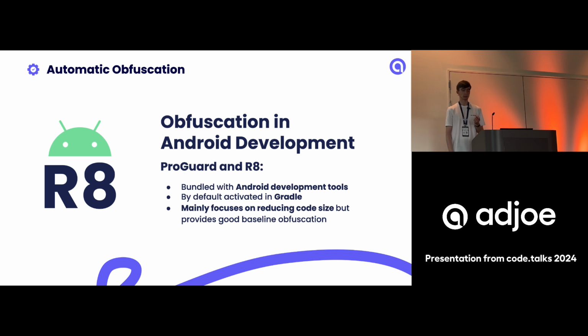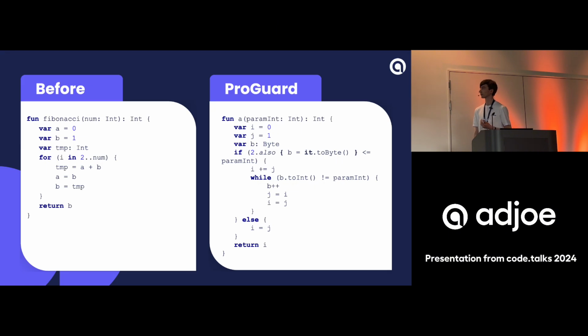What do I mean by baseline obfuscation? To illustrate this, take a look at this example. Here I have written a simple Fibonacci function, and I've obfuscated it with ProGuard. If you compare these two, you'll notice that basically the only thing that ProGuard did was change the method name.